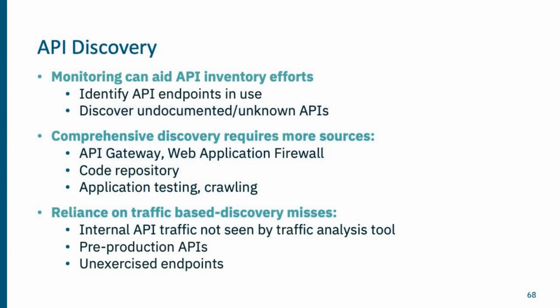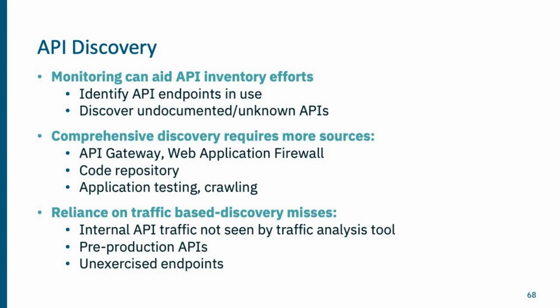Another aspect of monitoring is to do API discovery, to actually watch what's happening on the wire on your network to identify APIs that are in use and active on your network. This can be useful for generating that inventory, for discovering APIs that were undiscovered, for finding undocumented or unknown APIs or unknown endpoints and the like. But you need to be aware that this is not necessarily going to give you a complete view.